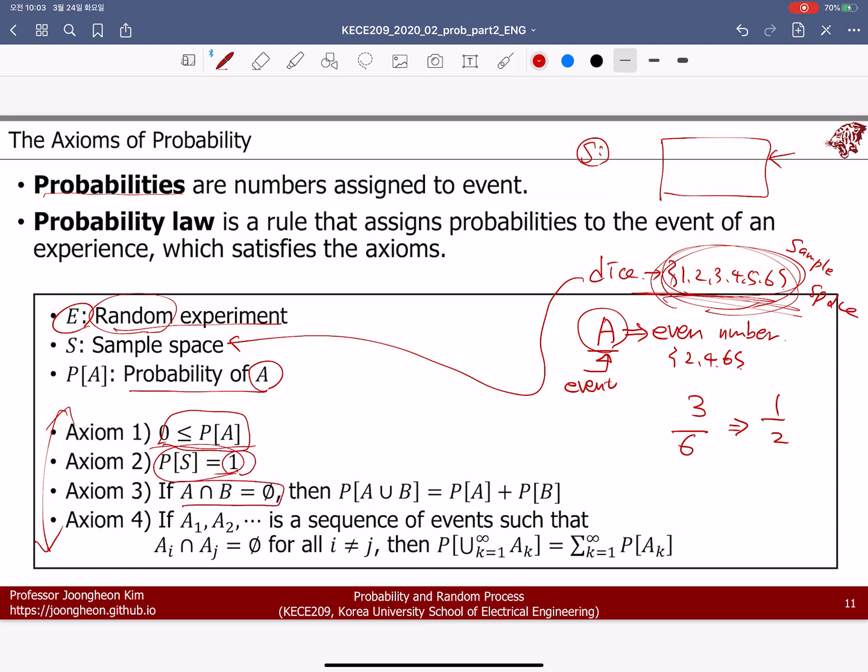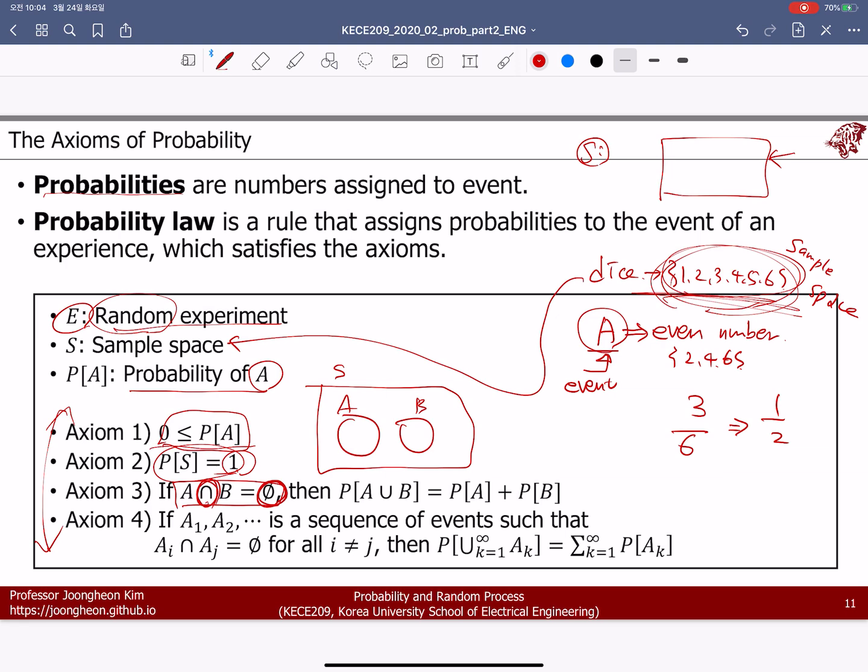Suppose that we have no overlap between the event A and the event B. In this sample space S, we have A and we have B, and there's nothing in the intersection. Between A and B, we have no intersection.